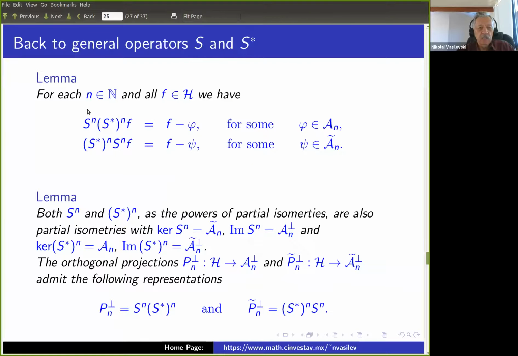Okay, let's go back to the generic operator S star for our generic space H. We have that this product applied to any element f in H gives the same element modulo an element from an analytic function. This product is identity modulo an element of an anti-analytic function.